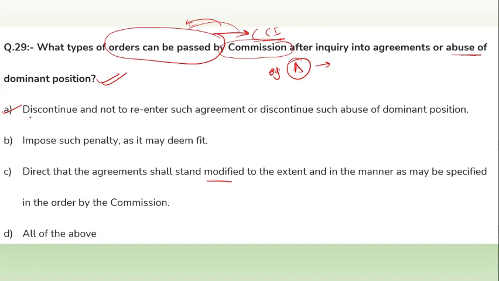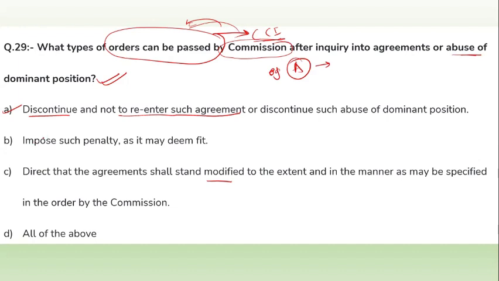The CCI can order that party to discontinue that business, not to re-enter such an agreement, or to discontinue such abuse of the dominant position.